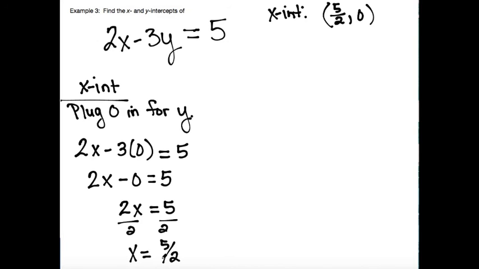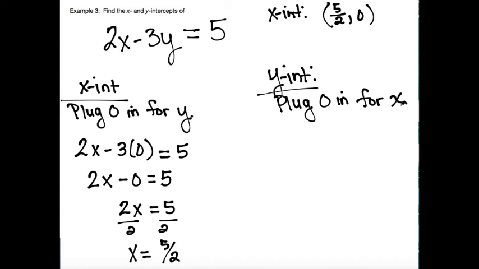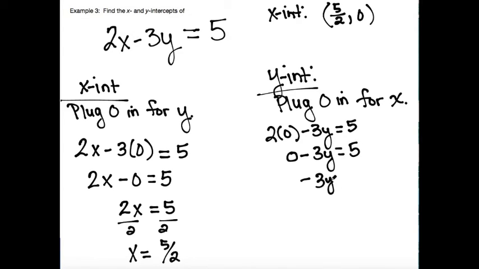Now let's go ahead and find the y-intercept. For the y-intercept, we're going to plug 0 in for x. That gives me 2 times 0 minus 3y equals 5. 2 times 0 is 0, so 0 minus 3y equals 5. That gives me negative 3y equals 5.